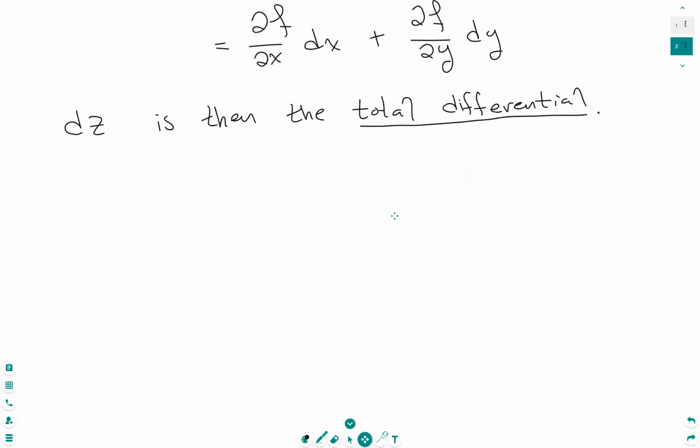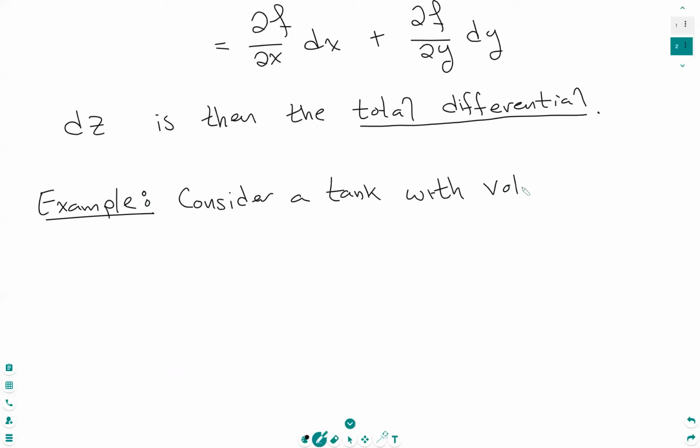Okay, so let's do an example where this might be useful. Why would we ever want to consider this type of approximation? Well, let's consider a tank with volume that's equal to pi r squared times h.